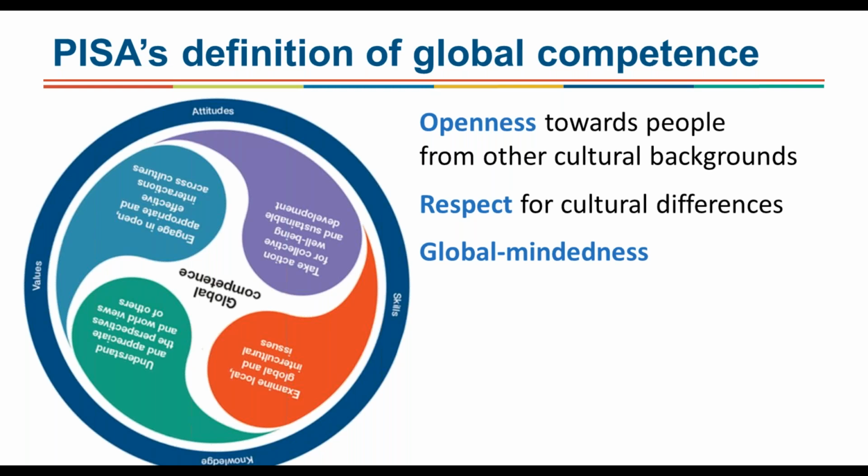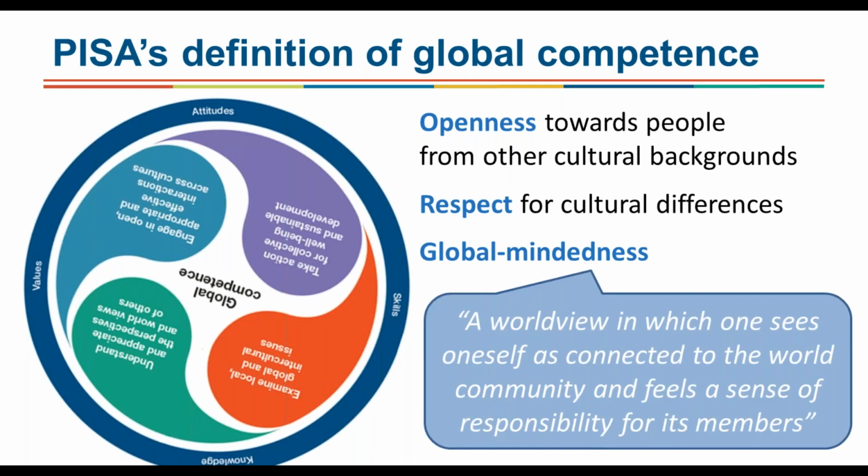And the attitudes that are important for global competence are an openness towards people from other cultural backgrounds, an attitude of respect for cultural differences, and an attitude of global mindedness, which we refer to as a worldview in which one sees oneself as connected to the world community and feels a sense of responsibility for its members. So really a sense of obligation towards other people.